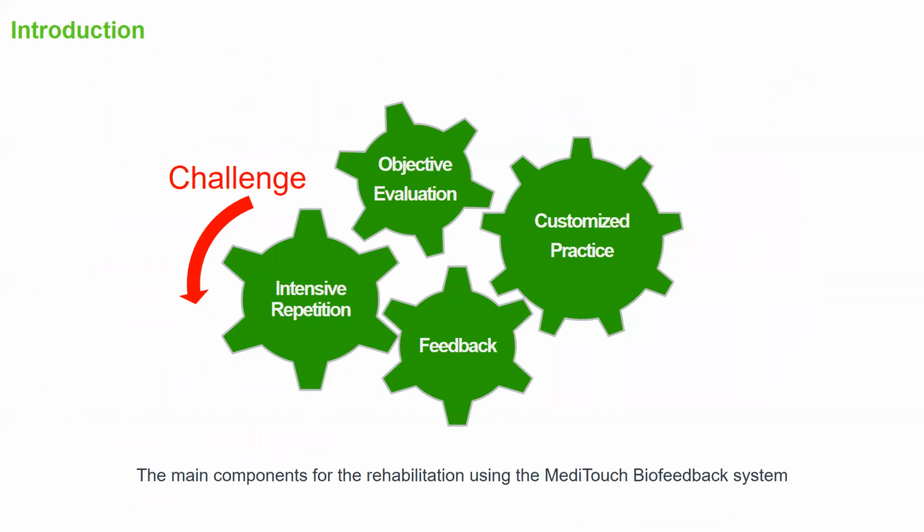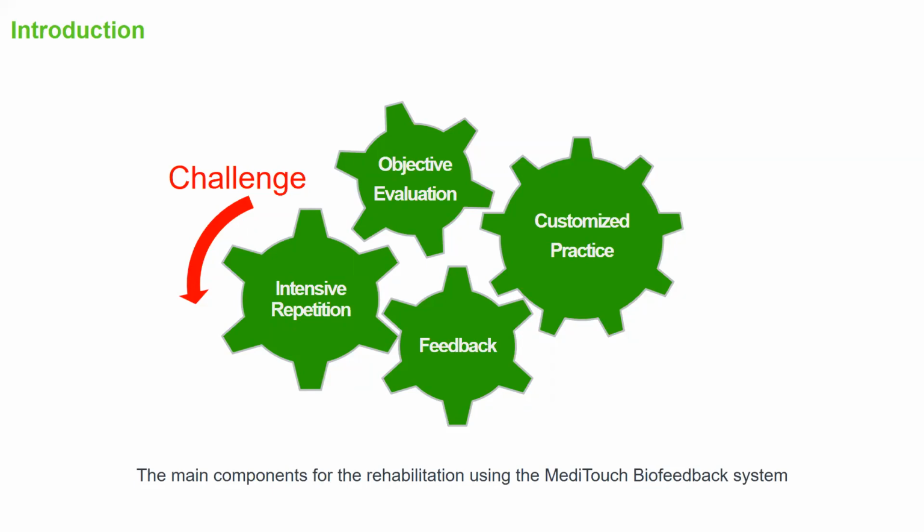Okay, let's start from introduction. As we know, and it is well known in the literature, there are 4 main elements in rehabilitation to get maximum rehabilitation outcomes. The first one is objective evaluation, to do objective and quantitative evaluation of the patient's ability and biomechanical parameters like range of motion, speed of movement, and motion analysis.